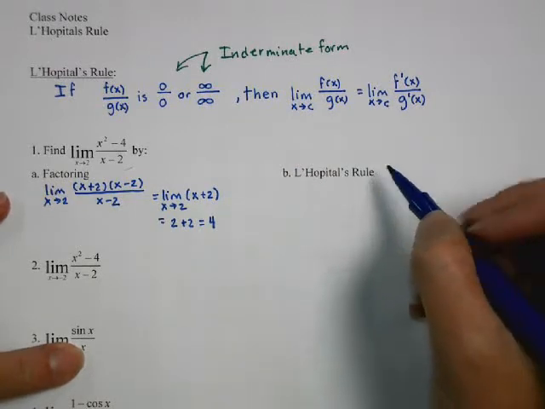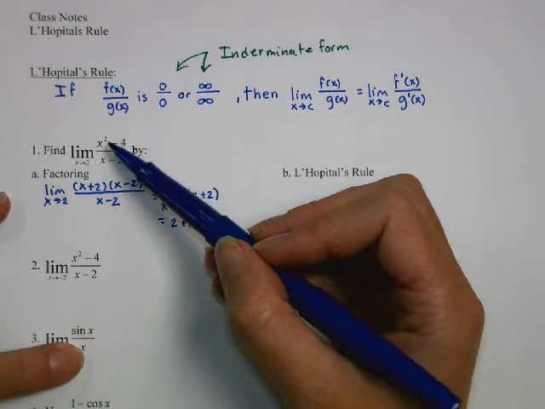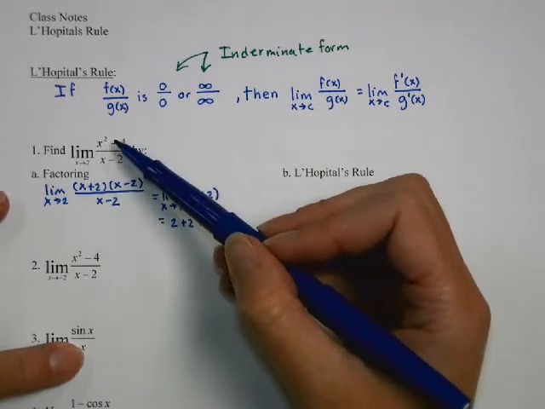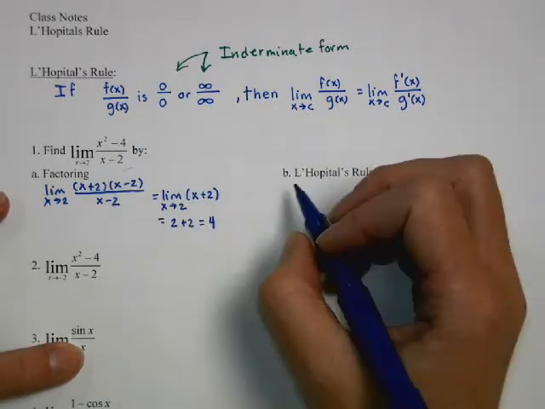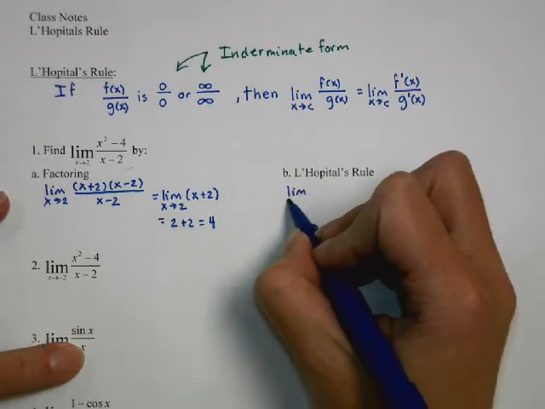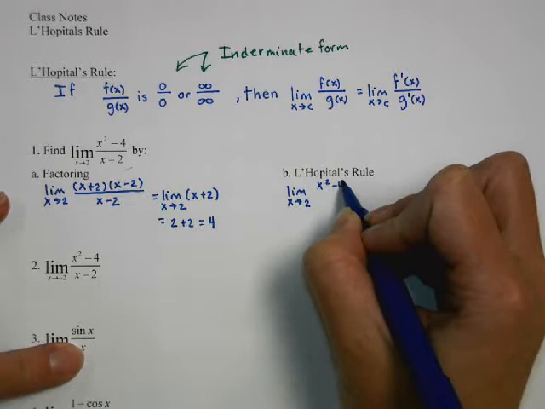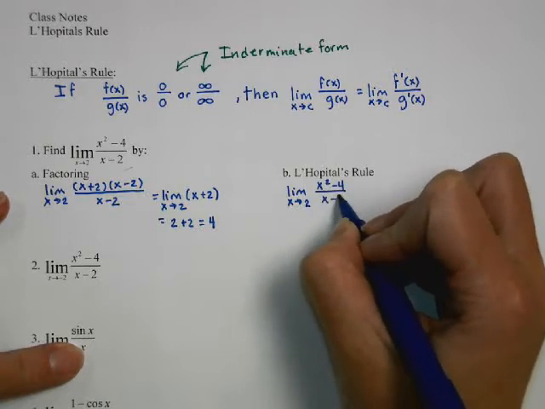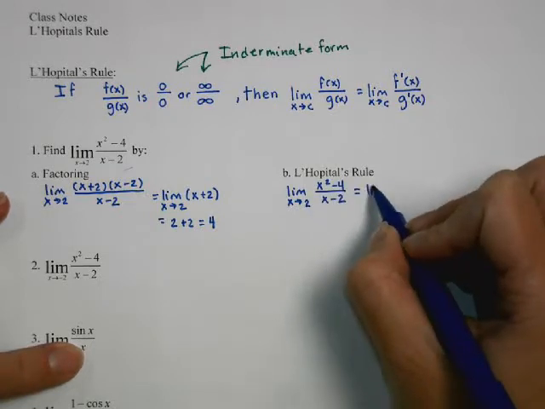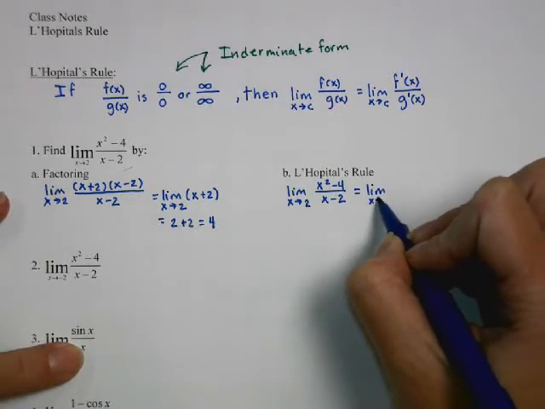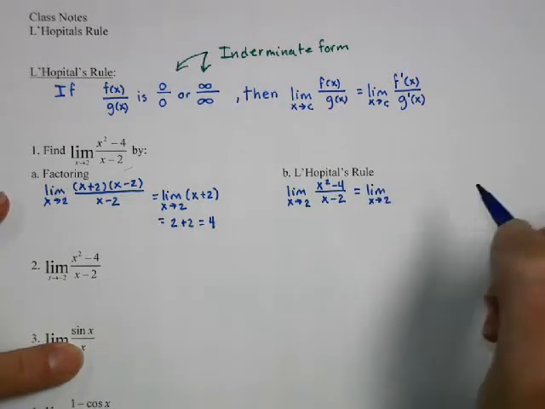Now let's do the same thing with L'Hopital's rule, and we can apply it because if I plug in 2, I get a 0 on the top and a 0 on the bottom. So let's copy the problem down. L'Hopital's rule says that this limit is equal to the limit of the derivatives.